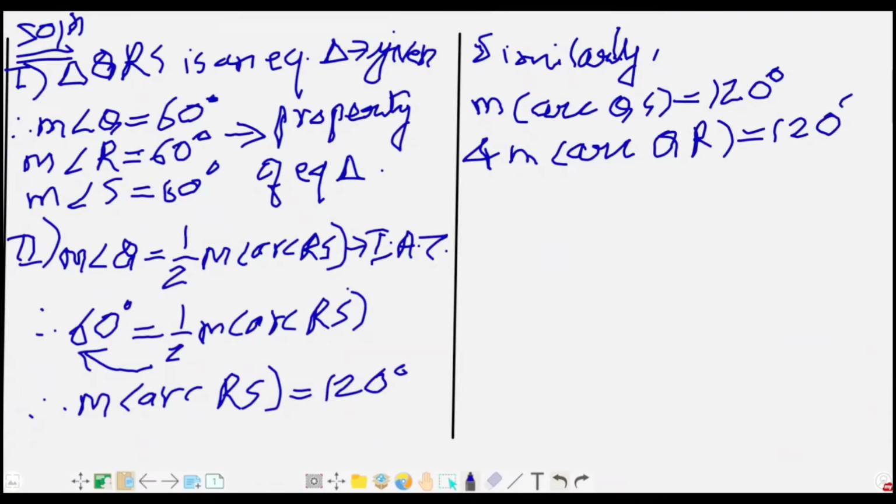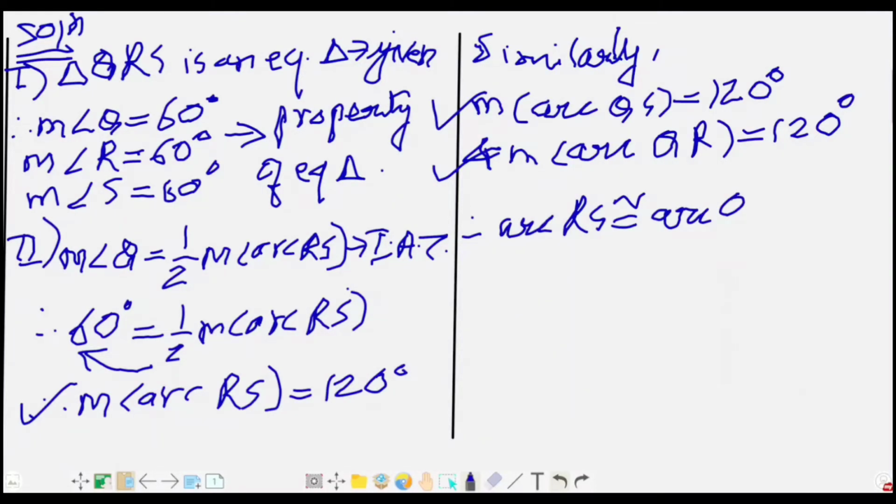So what we have shown is that all these arcs are 120 degrees. Therefore, arc RS is congruent to arc QS, which in turn is congruent to arc QR. So the first part we have shown.